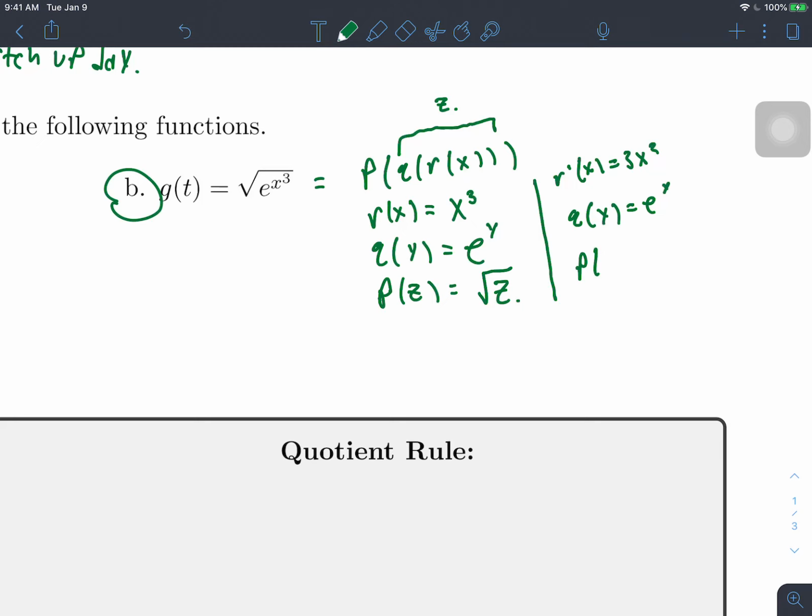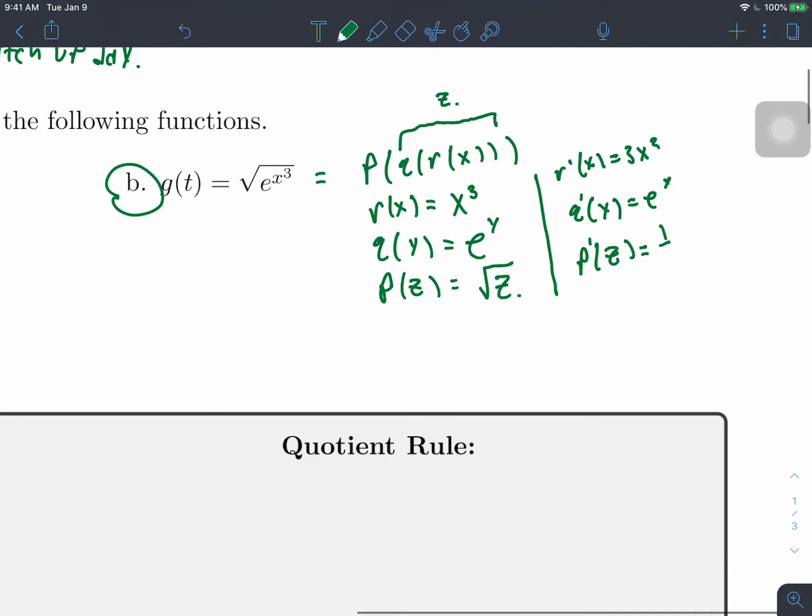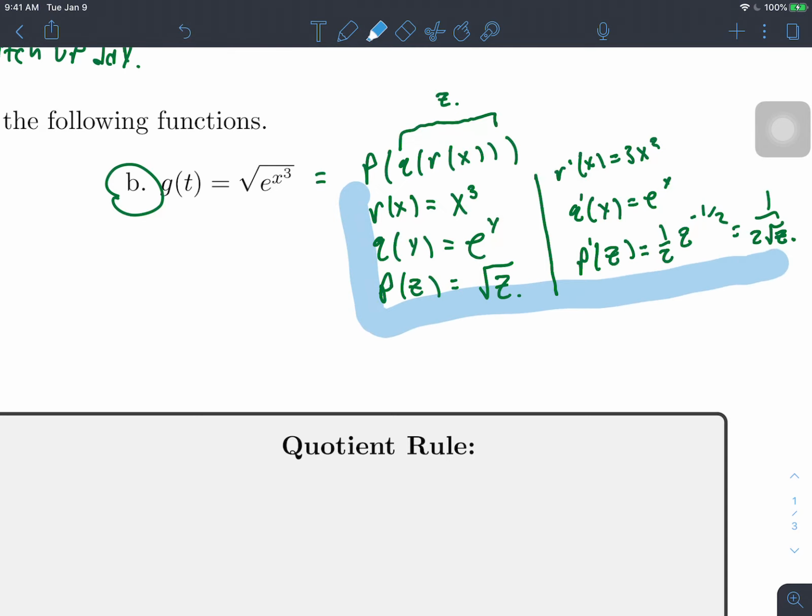And p prime of z is going to be 1/2 times z to the negative 1/2, which is equal to 1 over 2 square root of z. Okay, and so we can kind of cordon this section off and say this is like our pantry where we have all the ingredients that we need to plug into our chain rule.